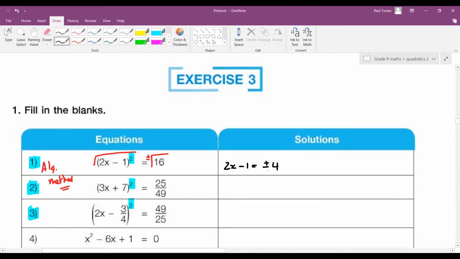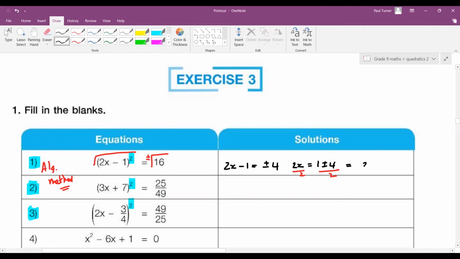And then I want to put my minus 1 to the other side. And then I will divide by 2, won't I? Just both sides. So you're just rearranging the equation.